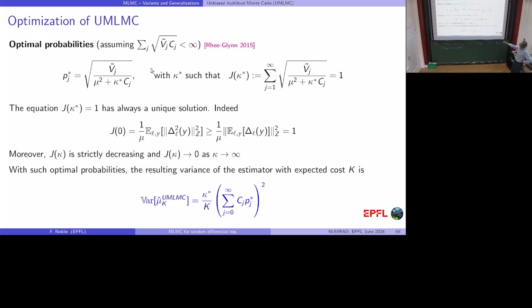This optimization result is true only if this condition holds: this sum of square root of Vj Cj is bounded. Otherwise, I don't know, run the calculation, I don't know what happens. I don't know if the solution doesn't exist, or surely it cannot be that one. We will have a different approach.